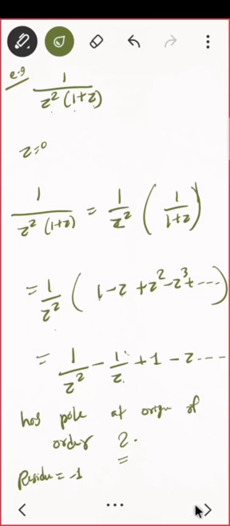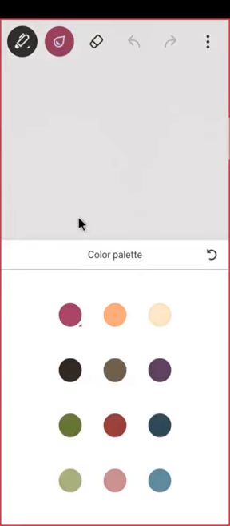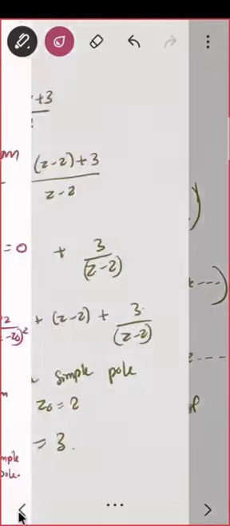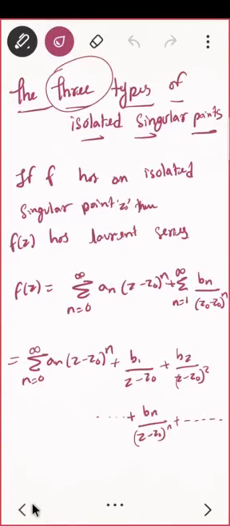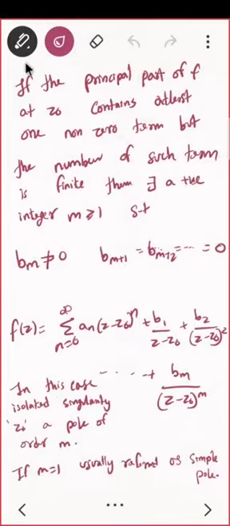Okay. Now let us go to the next part. This was about the first one. In the next one, suppose you are having all b_n's equal to 0. Second case. I call it the first case here. This is your first.